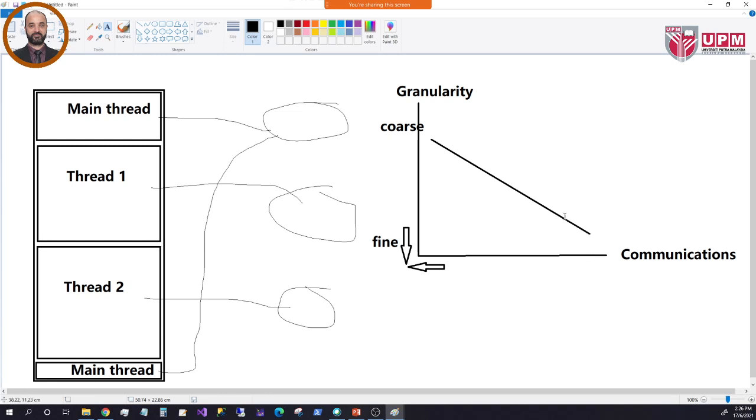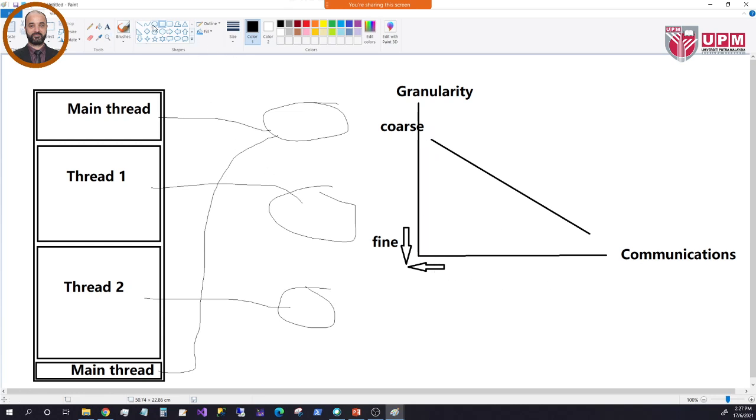But if the granularity becomes very coarse, so the number of tasks decreases, then the communication becomes very low, because we calculate it like that, right? We found the dot like this. So the communication is here very low, and the granularity is here very high, right?